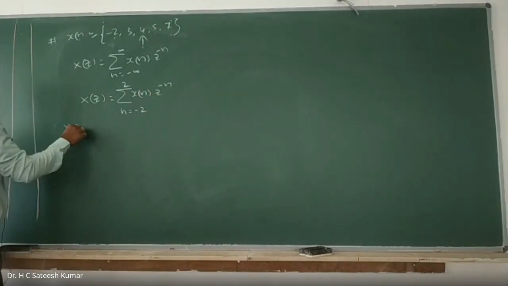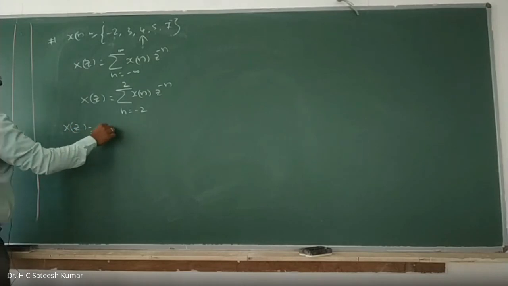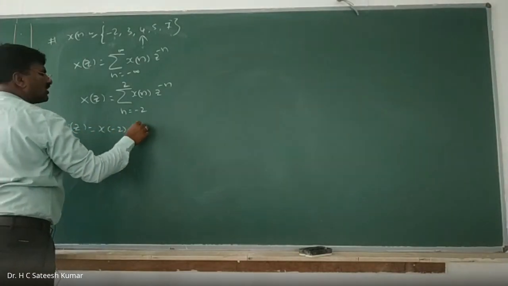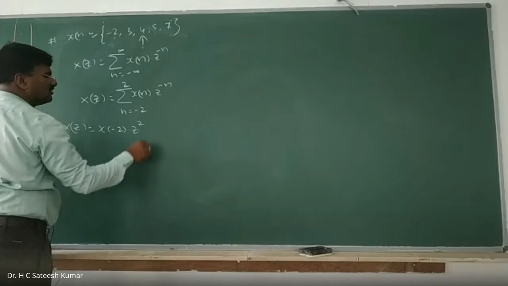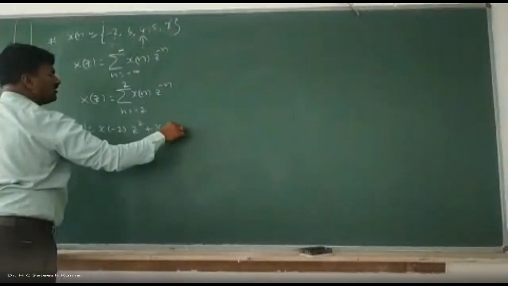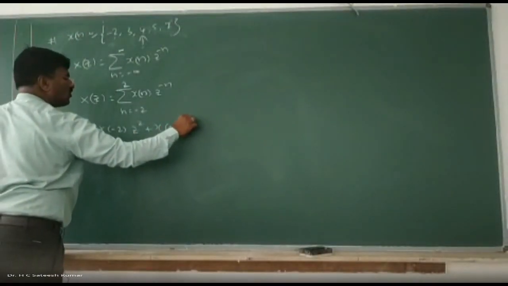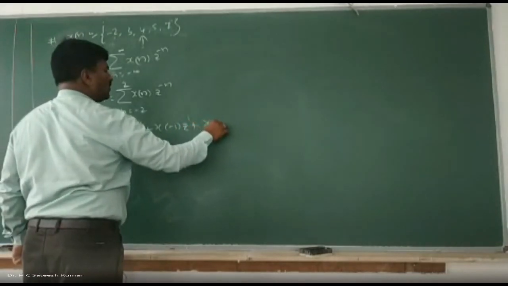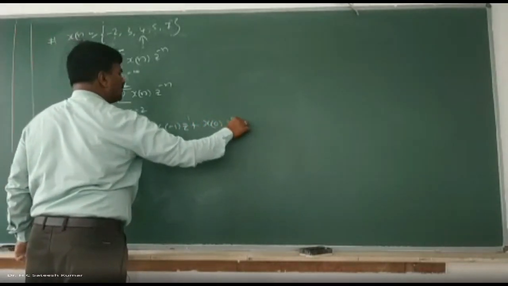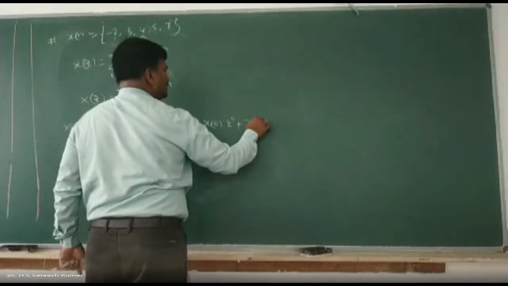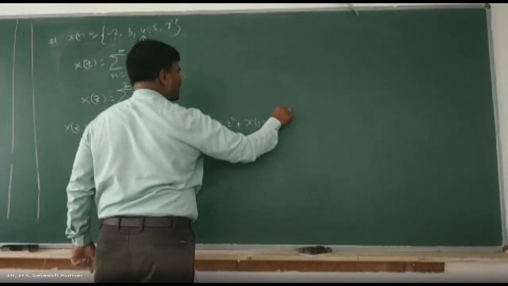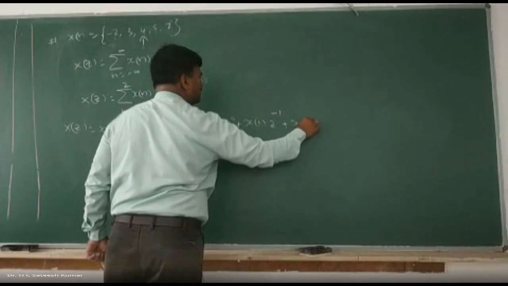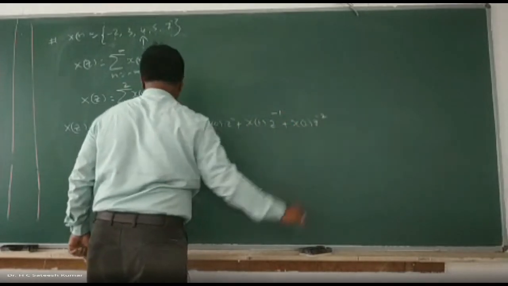Therefore, X of Z is equal to X of minus 2 into Z to the power of 2, plus X of minus 1 into Z to the power of 1, plus X of 0 into Z to the power of 0, plus X of 1 into Z to the power of minus 1, plus X of 2 into Z to the power of minus 2.